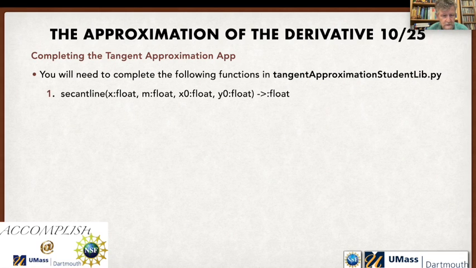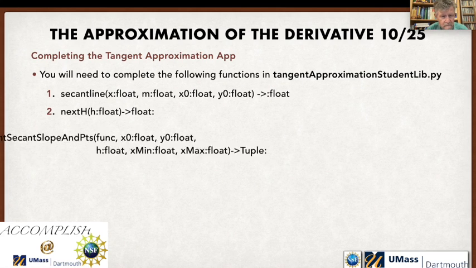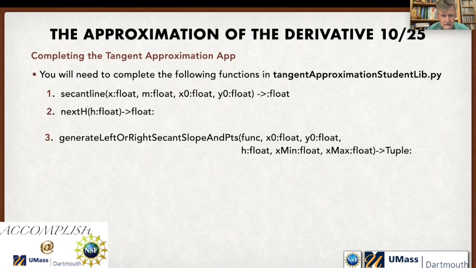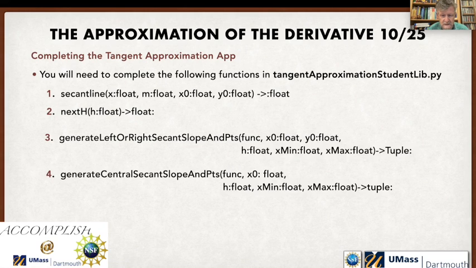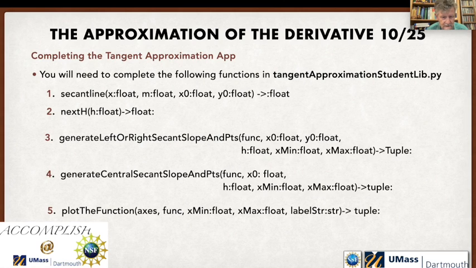First function you'll need to complete is a secant line function, the next h function, the generate left or right secant slope and points function, the generate central secant slope and points function, and the plot the function.